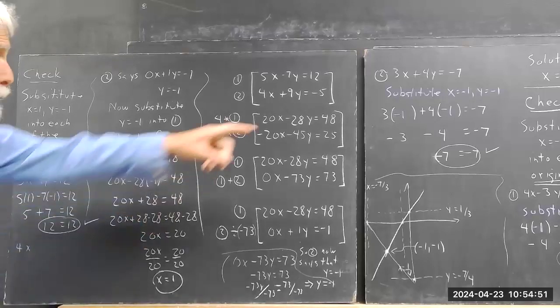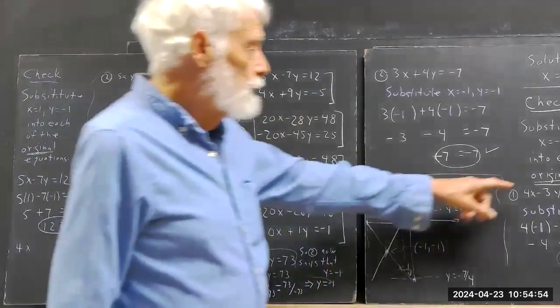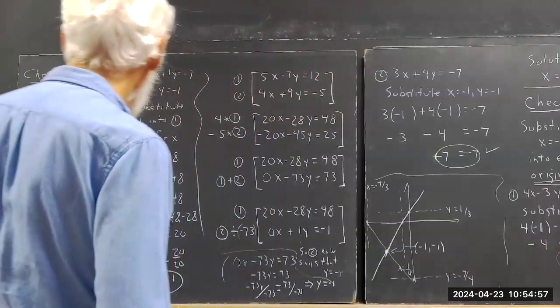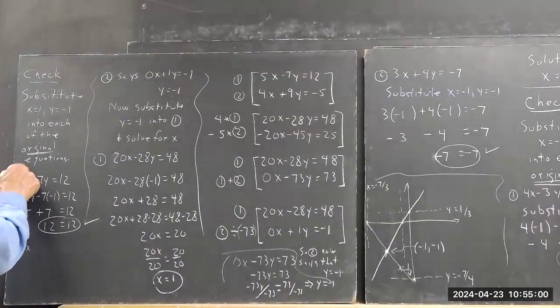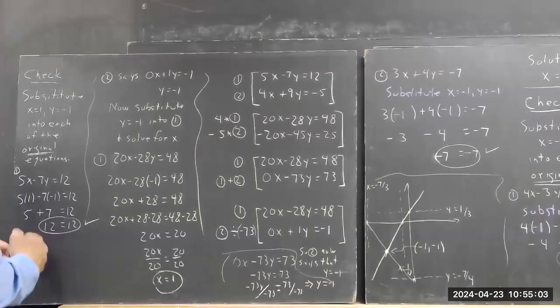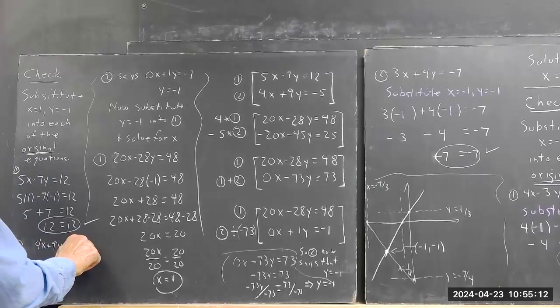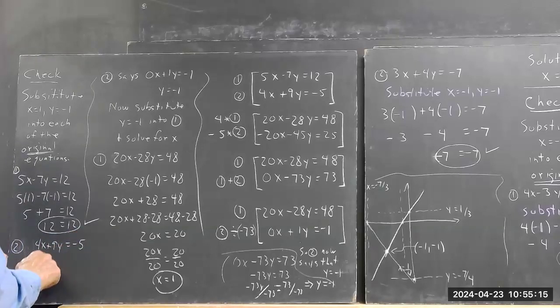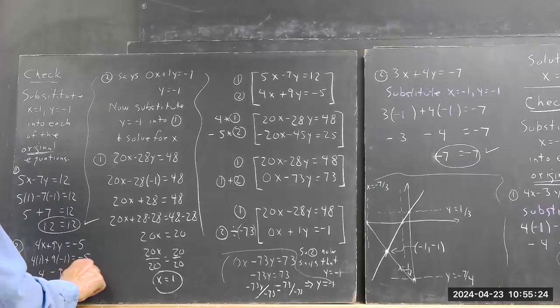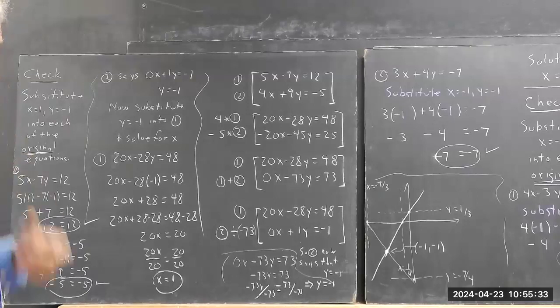Now I am leaving out a few of the words I used over here. You notice I didn't write substitute x equals 1, y equals negative 1. I should have indicated this is equation 1, and this is equation 2, and equation 2 is 4x plus 9y equals negative 5. We get 4 times 1 plus 9 times negative 1 equals negative 5. That's 4 minus 9 equals negative 5. Gives us negative 5 equals negative 5. That checks, and now we know we have the correct solution.